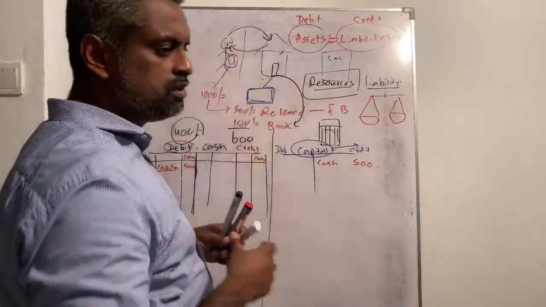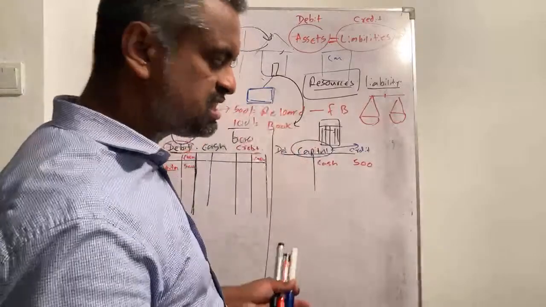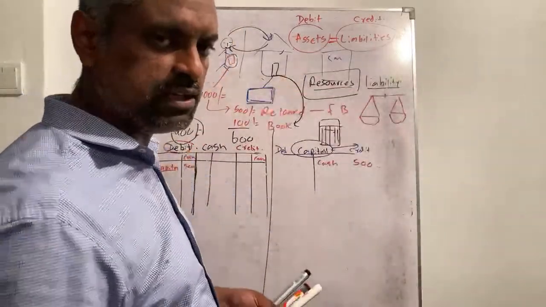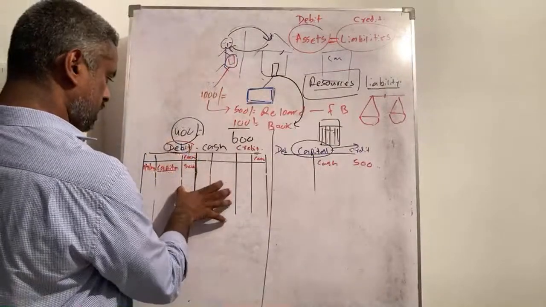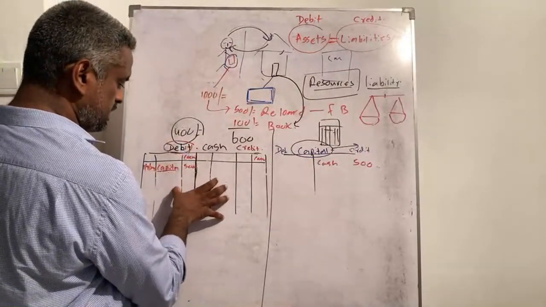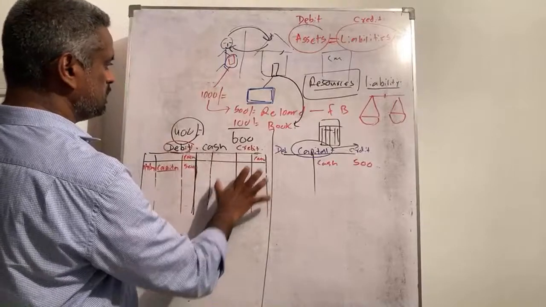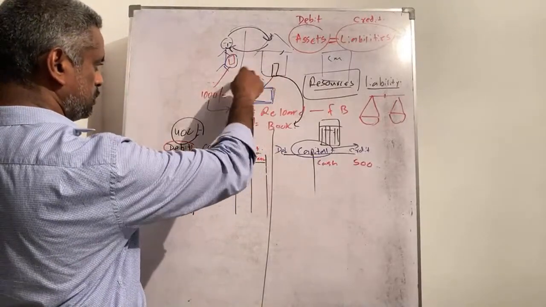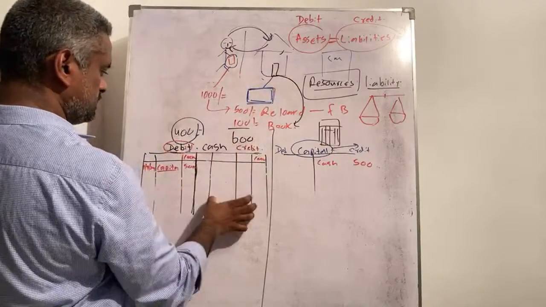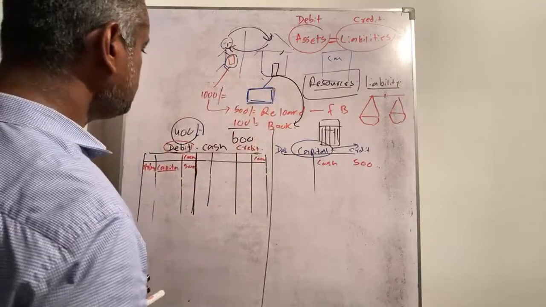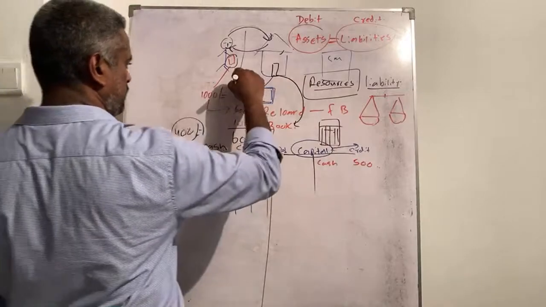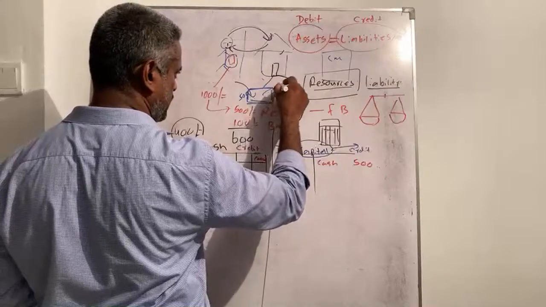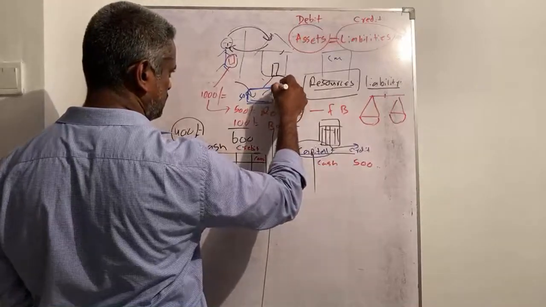Even if you don't have a physical locker, you just assume that you have that locker, right? That locker is this, the cash book. Inside and outside, input and output. This is input, this is output, right? Okay, 500 came in from the owner, again 500 went out for the reload.